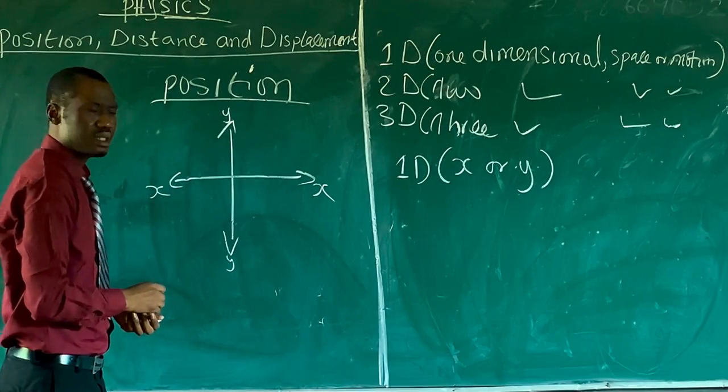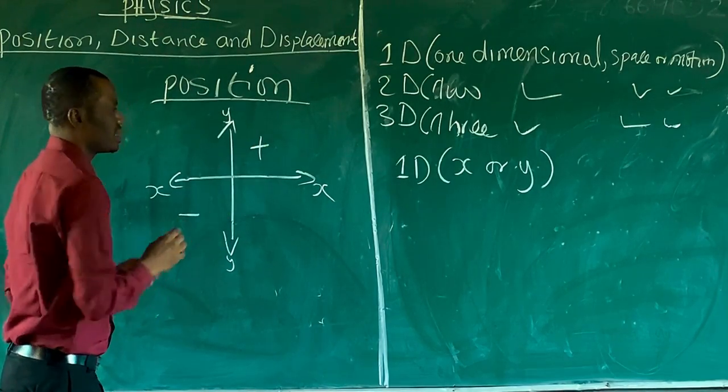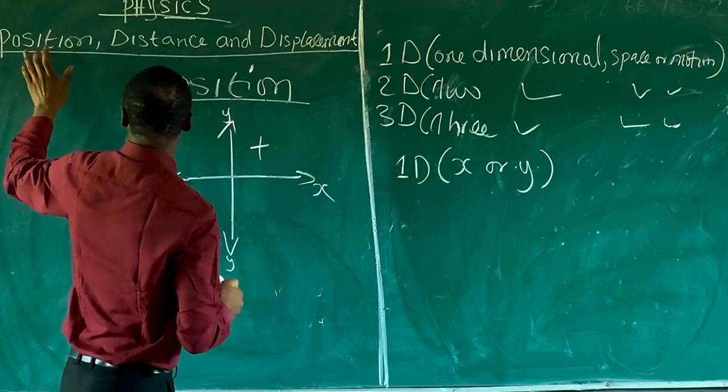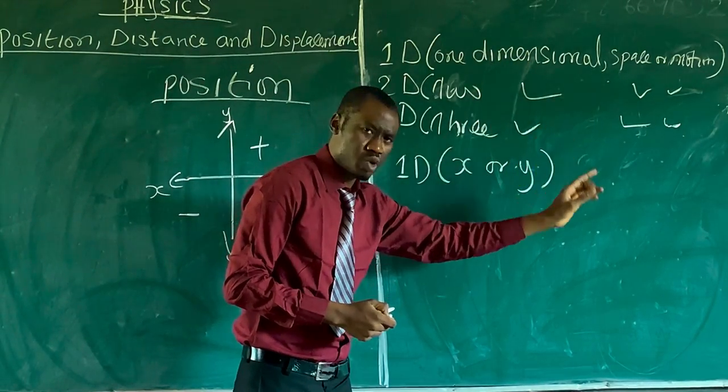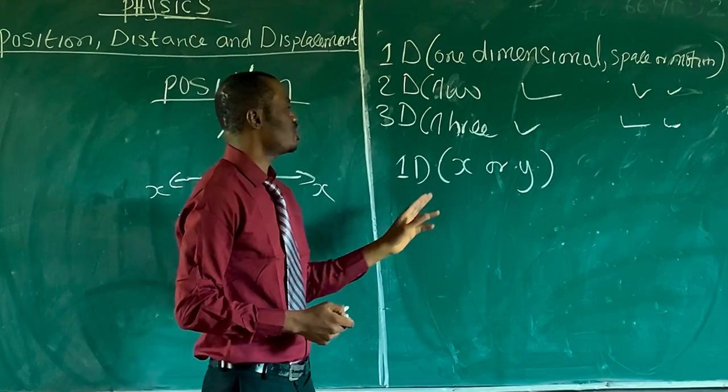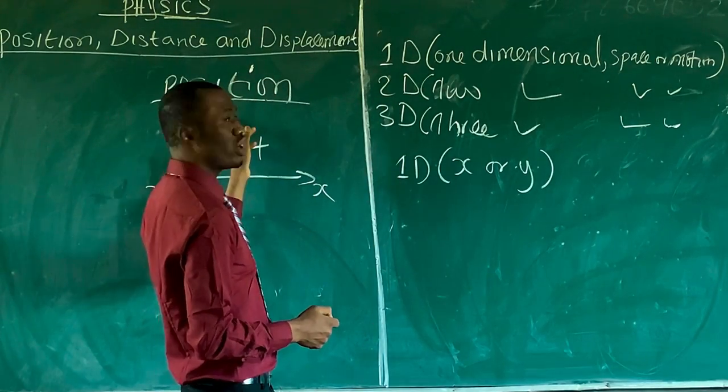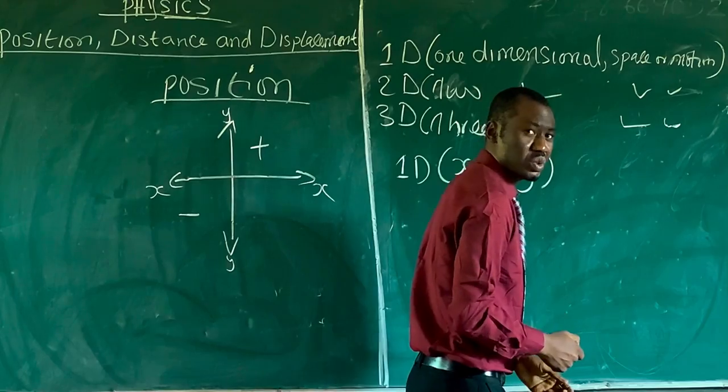This is the positive and this is the negative. When you talk about position in one-dimensional space or motion, you are talking about using either the x or the y or any of those.